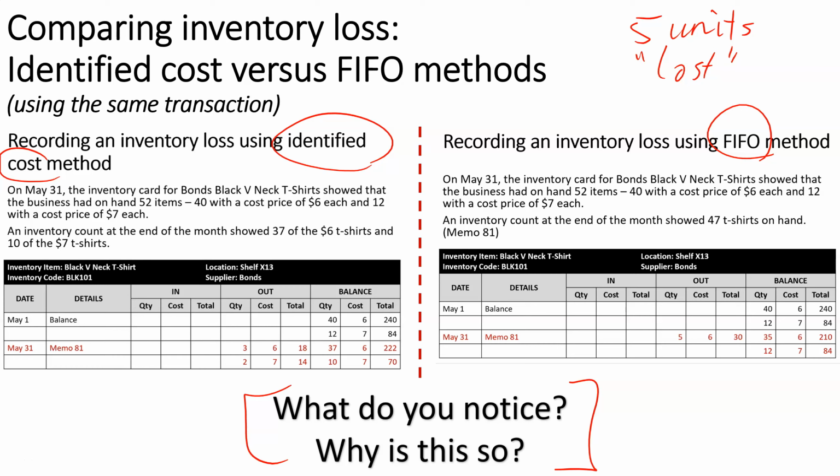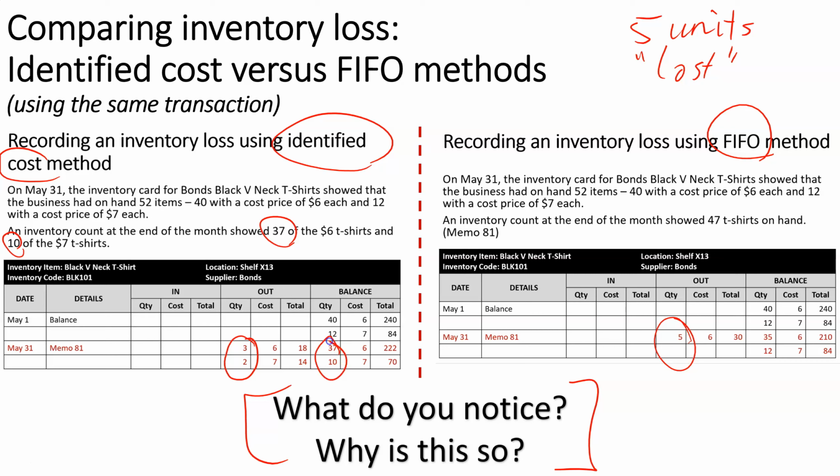You can see here that in the identified cost example, we've got two different cost prices being used, whereas in the FIFO method only one. And the reason why is because under identified cost we know exactly which items have been lost. So we know that we only have 37 of the $6 t-shirts and 10 of the $7 t-shirts left.